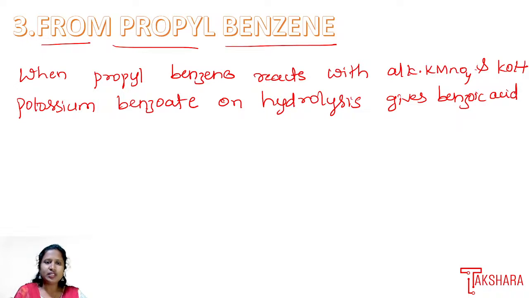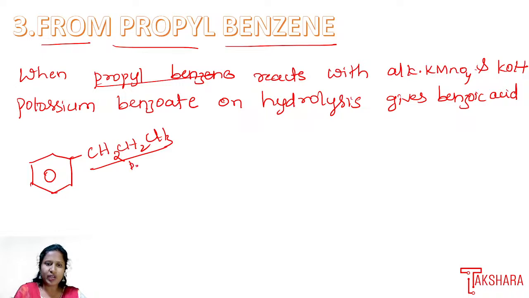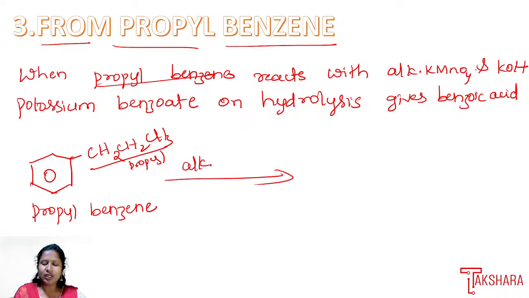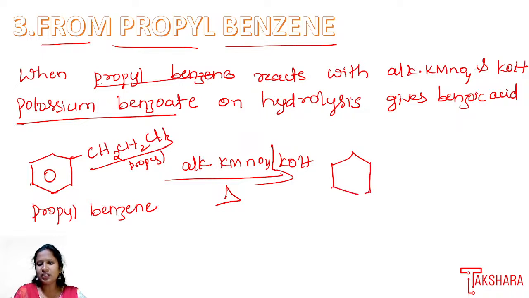So let us write the propyl benzene structure as a reactant molecule. The benzene ring has a side chain CH2 CH2 CH3. This group is called propyl. So when the propyl group is attached to the benzene ring, we call it propyl benzene. When it is treated with alkaline KMnO4 and KOH with some amount of heat, we get potassium benzoate, with COOK on the benzene ring.